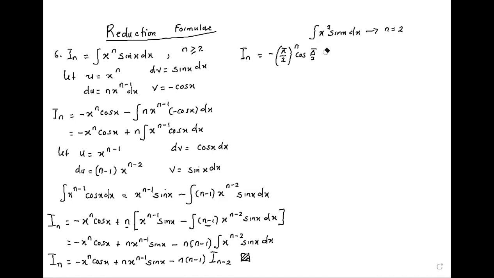But there's x there, so we move to plus n (pi over 2)^(n-1), and then sin(pi over 2), that is 1. Sine 90 is 1. And then minus n(n-1) I_(n-2).